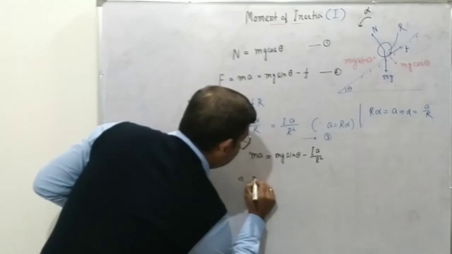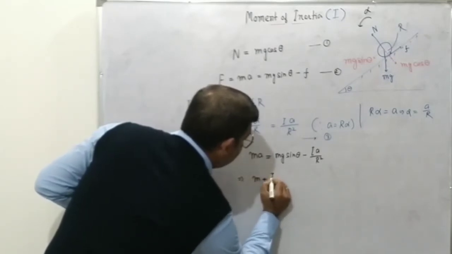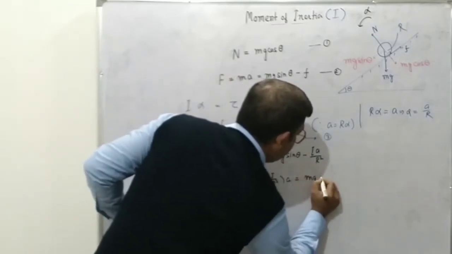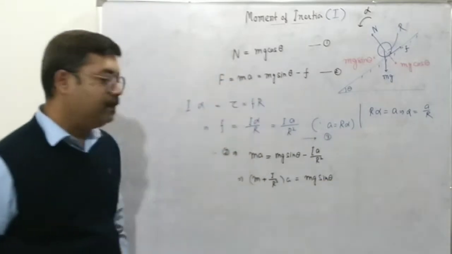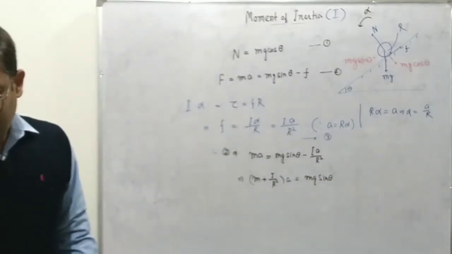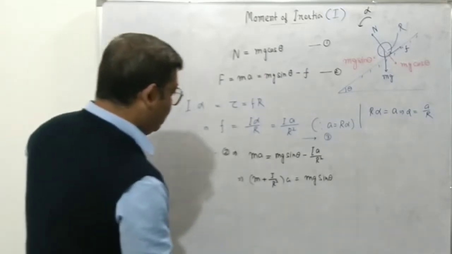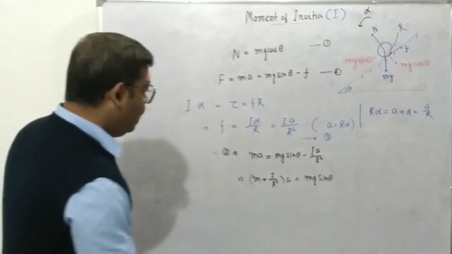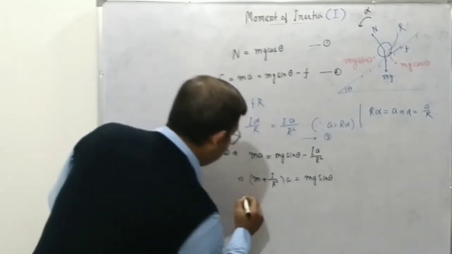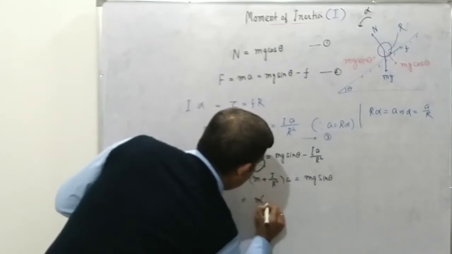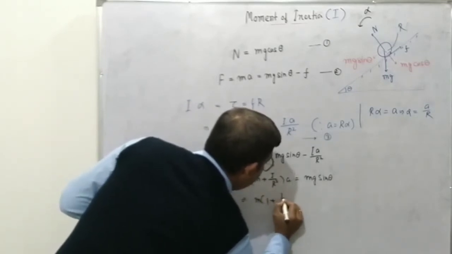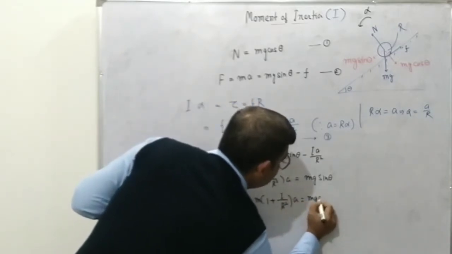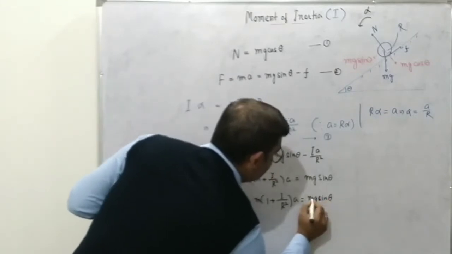So we have m plus I by R square, into A, must be equal to mg sine theta. If we take m common, we will have m into 1 plus I by R square, into A is equal to mg sine theta. M's will cancel.